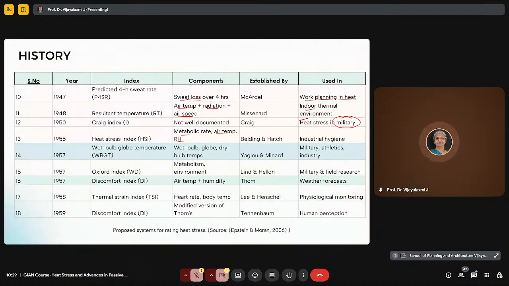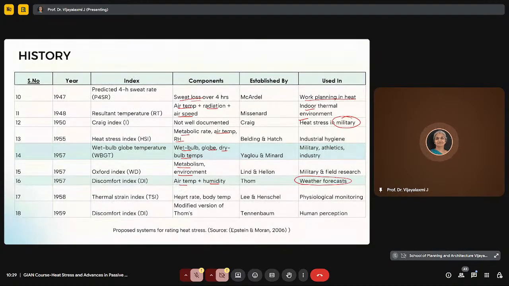WBGT, wet bulb globe temperature, uses wet bulb temperature, globe temperature, and dry bulb temperature. Then Oxford index combines metabolism with environmental conditions, and discomfort index combines air temperature plus humidity. And this is used for weather forecast.